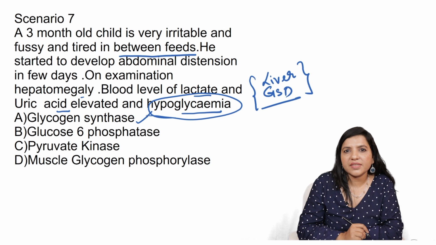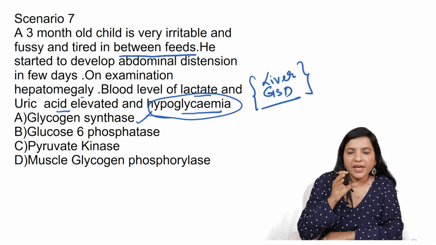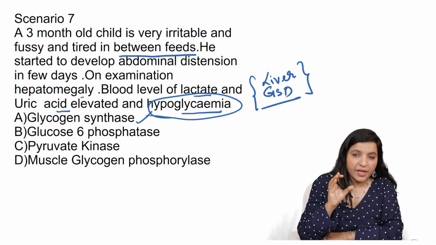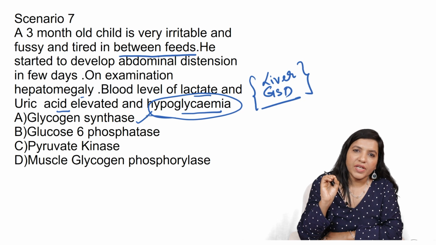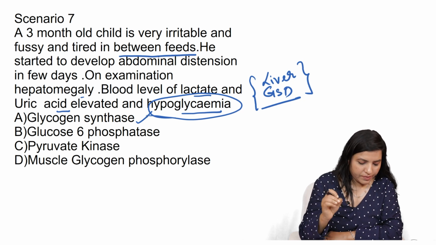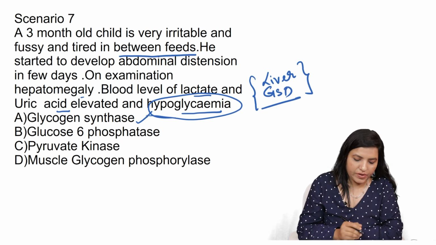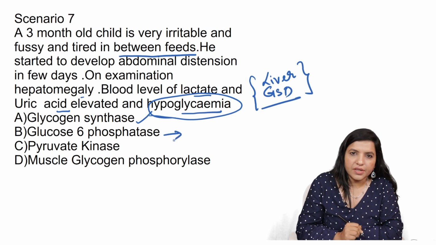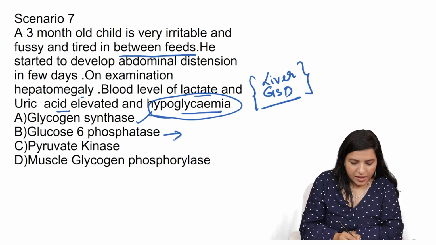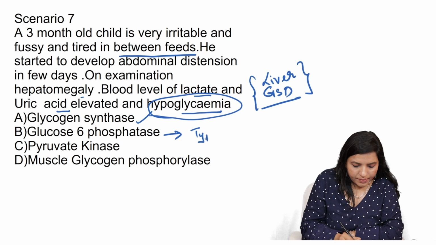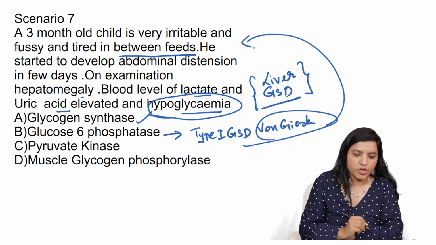So, very rarely can this be the cause, because it is a very rare disorder. Then glucose 6 phosphatase, that is the answer here. Glucose 6 phosphatase deficiency causes type 1 glycogen storage disorder, that is von Gierke's disease. So, that has all these features.